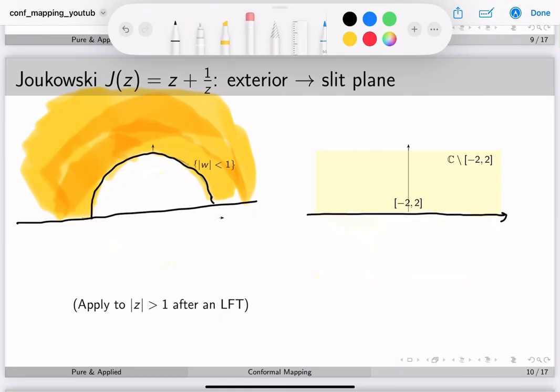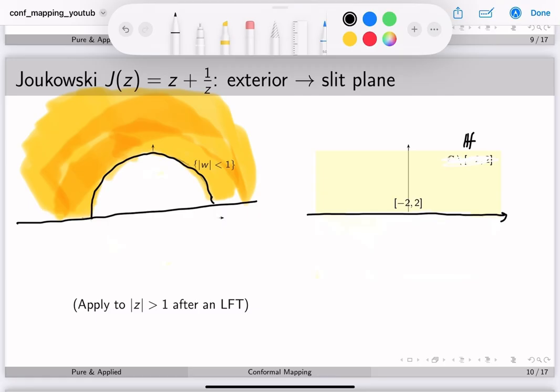So let me just correct this. So the upper half plane. What this map J of Z does is that it maps the exterior of the unit disk in the upper half plane to the upper half plane, which is a pretty important thing to do, as I mentioned, at least in physics.